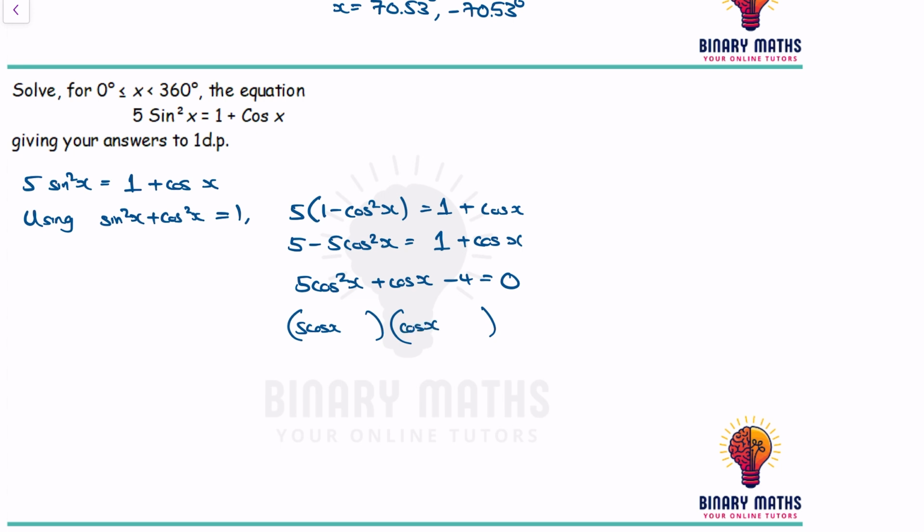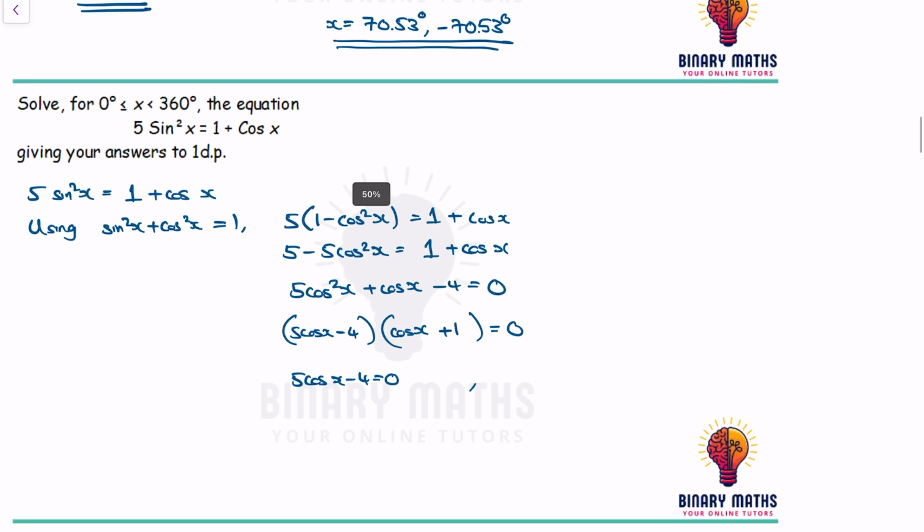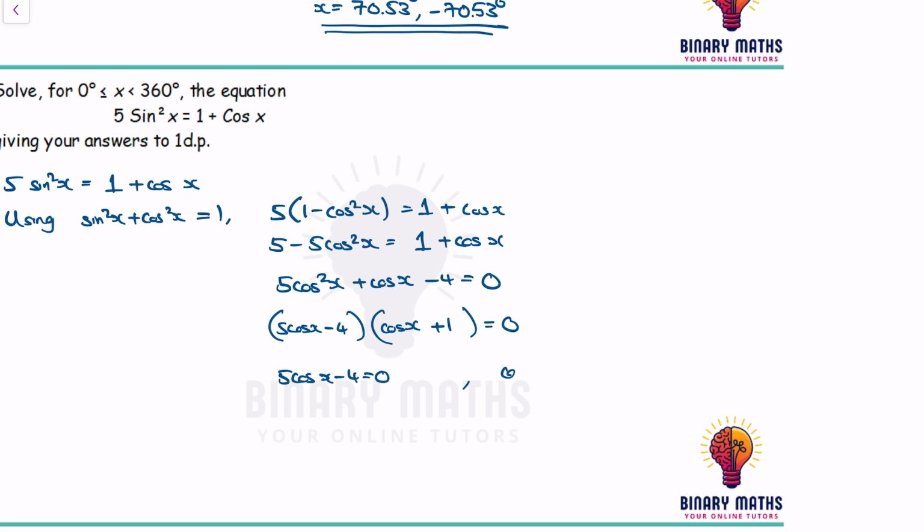I want a positive cos x, so I need to put a plus 1 here and a minus 4 here. So I've got two situations, either 5 cos x minus 4 equals 0, or cos x plus 1 equals 0.